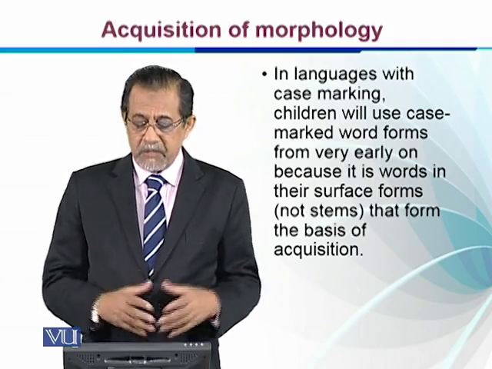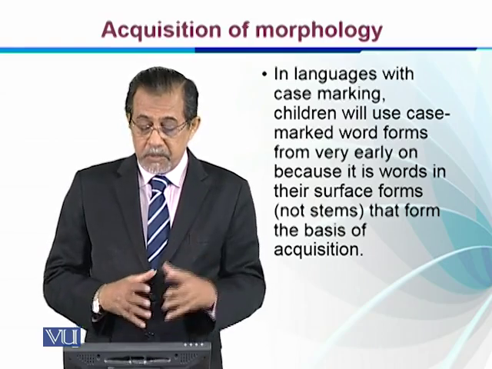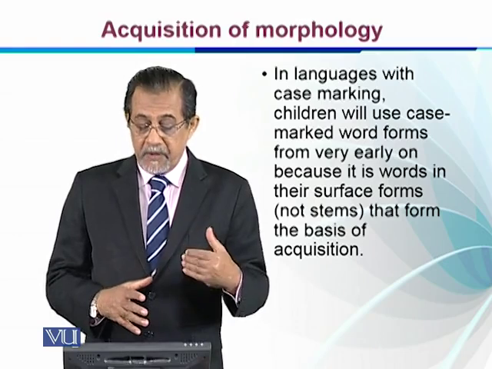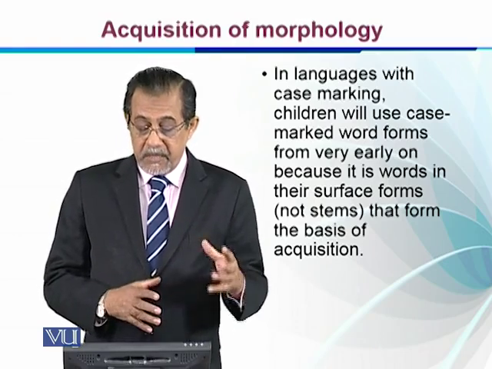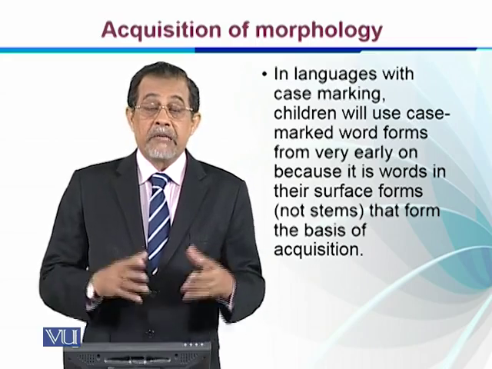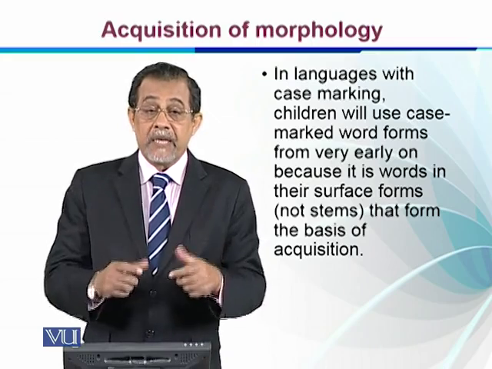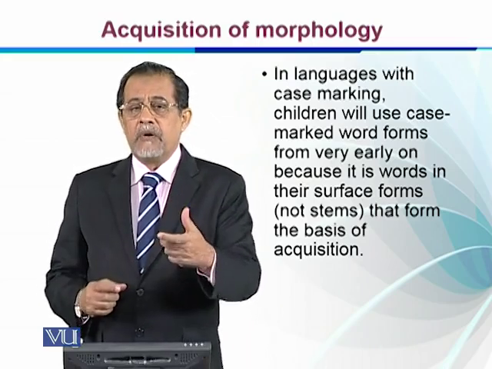So in languages with case marking, children will use case-marked word forms from very early on, because it is words in their surface forms, not stems, that form the basis of acquisition. So they have not yet learned the stem concept, so they take them as a whole word.